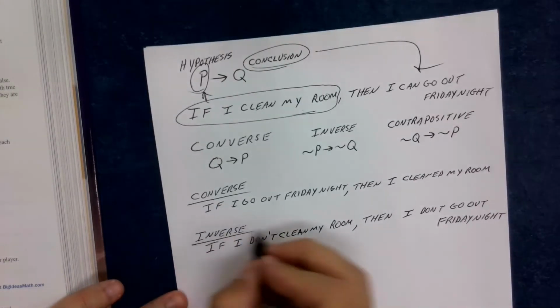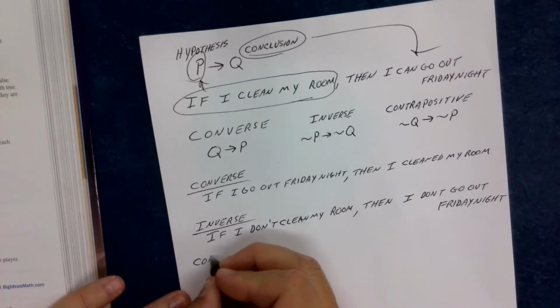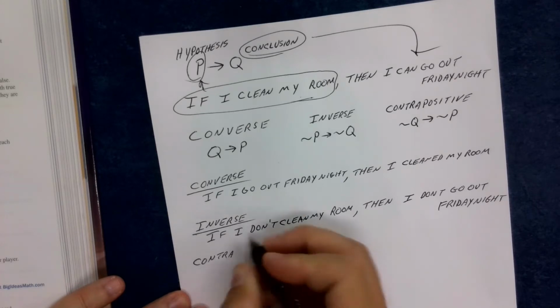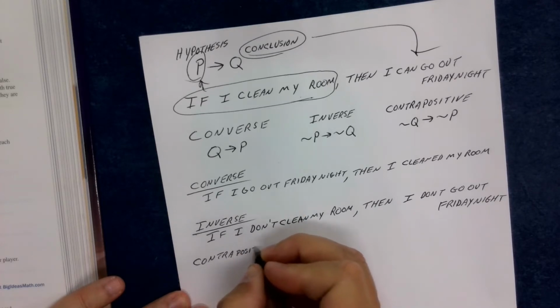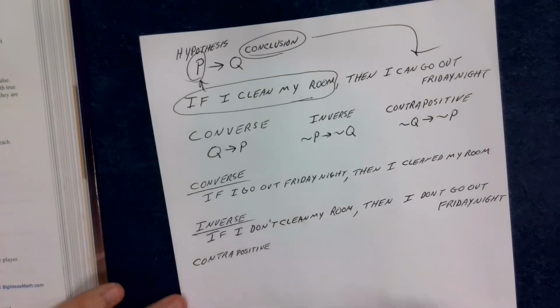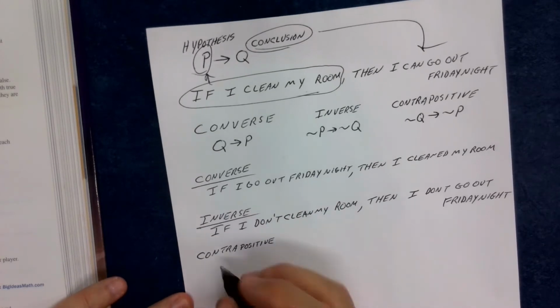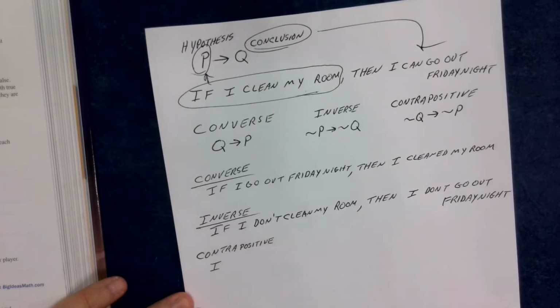That's the inverse, and then the last one, the contrapositive. Remember, we said that the contrapositive is just a switching of the inverse, and you could probably even write it yourself now.